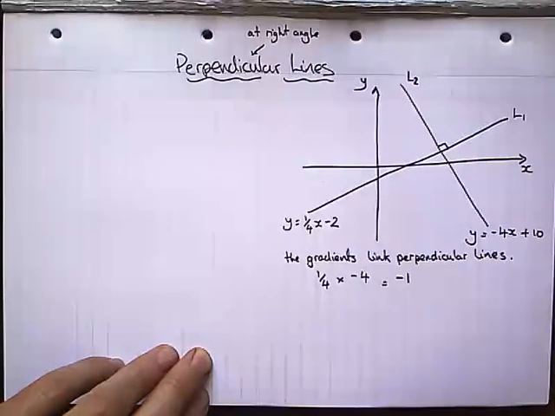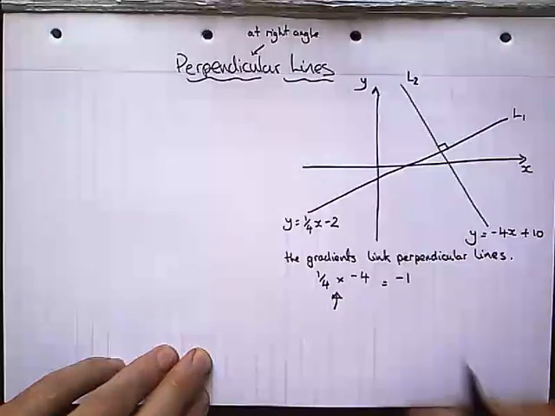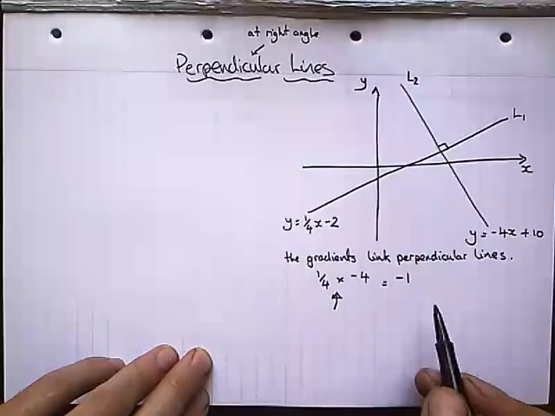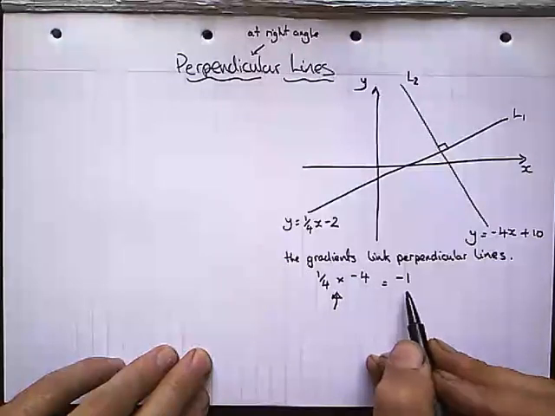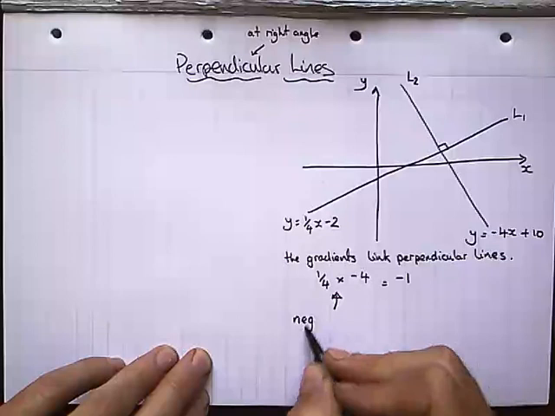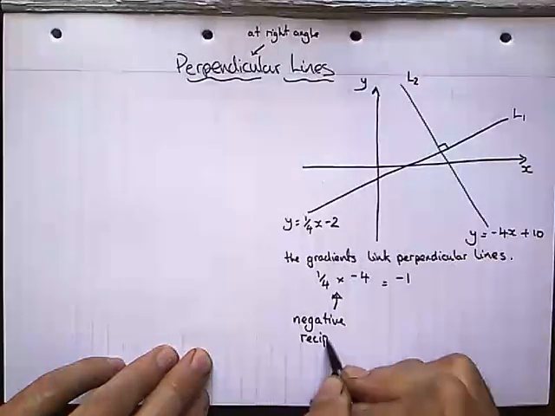Right, I don't know if you remember, but two numbers that multiply together to make 1 is called a reciprocal. But because this multiplies together to make -1, then we're looking for the negative reciprocals.